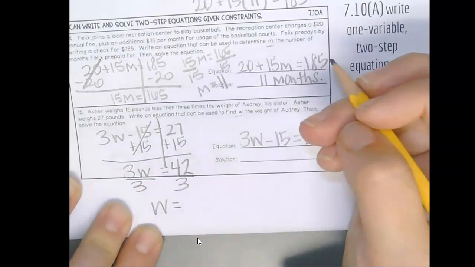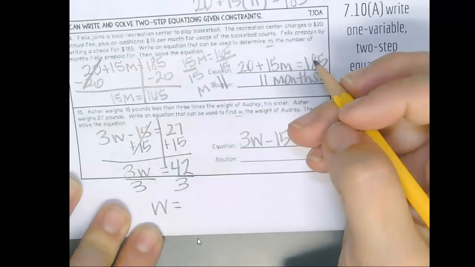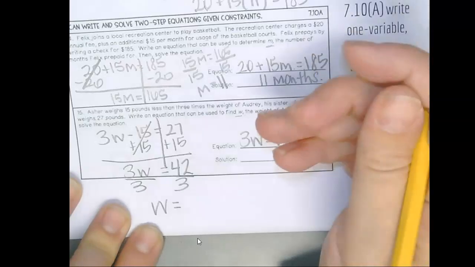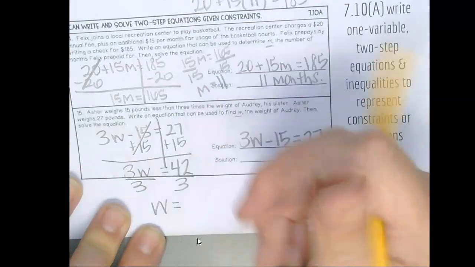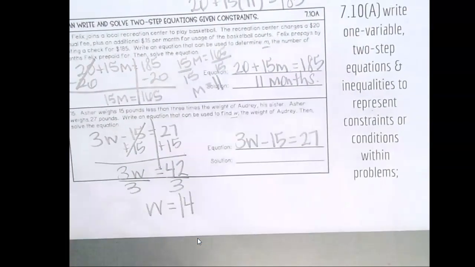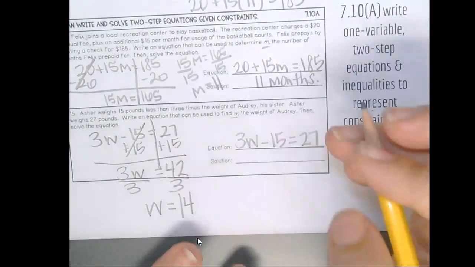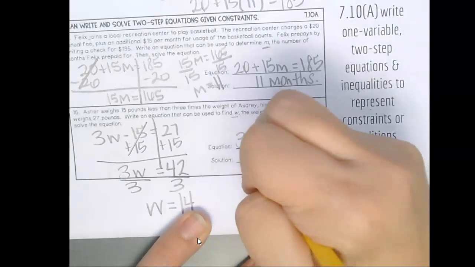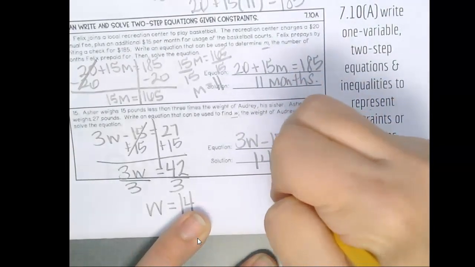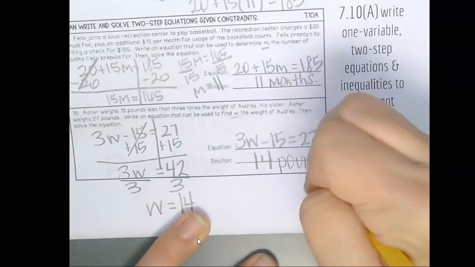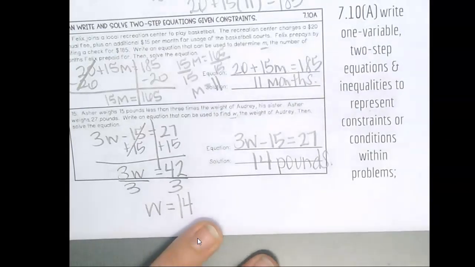W is equal to 14. Okay, so Audrey's weight would be 14 pounds.